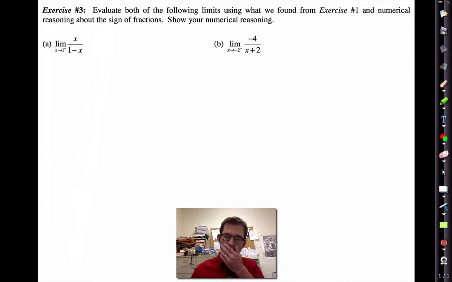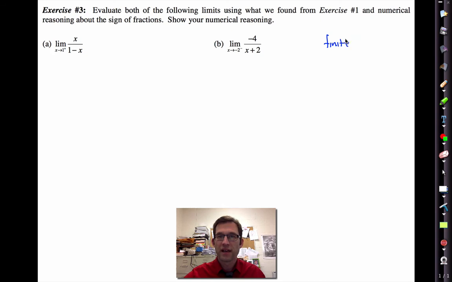All right, now the other types of limits that we have are limits where the output goes to infinity. These tend to be much harder for students because this is all about taking a finite number and dividing it by something very small. Before, we were looking at taking a finite number and dividing it by something very large.